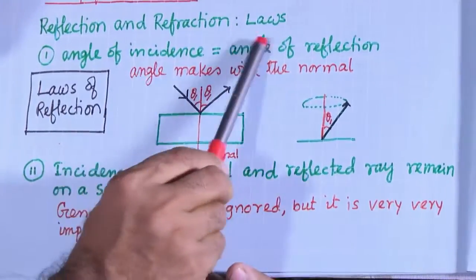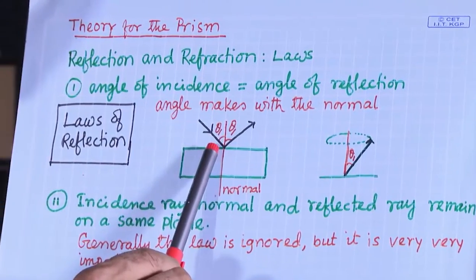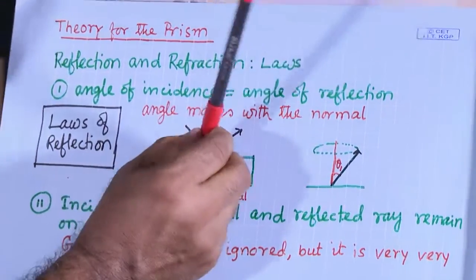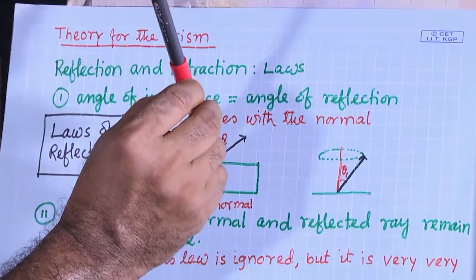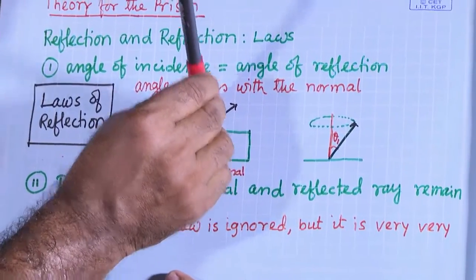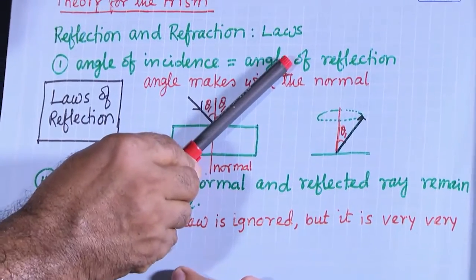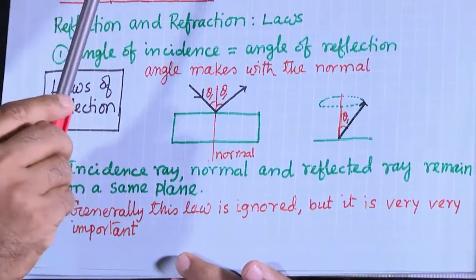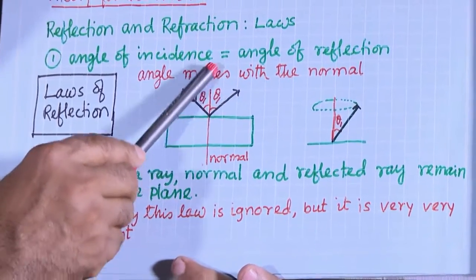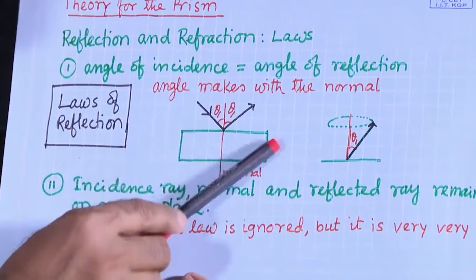So the first law cannot tell. According to the first law, one can see this reflection in this direction, also in this direction. But the second law tells that it is not possible to see it in this direction, it will be along this direction, because the incident ray, reflected ray and the normal, these three have to be on the same plane.